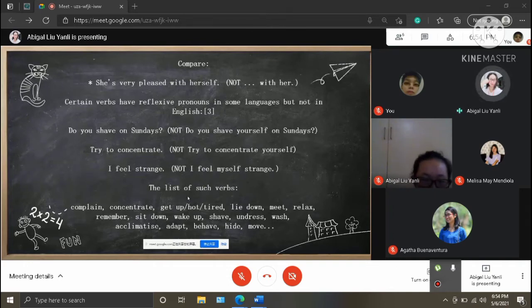The list of such verbs: complain, concentrate, get up, feel tired, lie down, meet, relax, remember, sit down, wake up, share, undress, wash, acclimatise, adapt, behave, hand, move. These verbs do not use oneself.